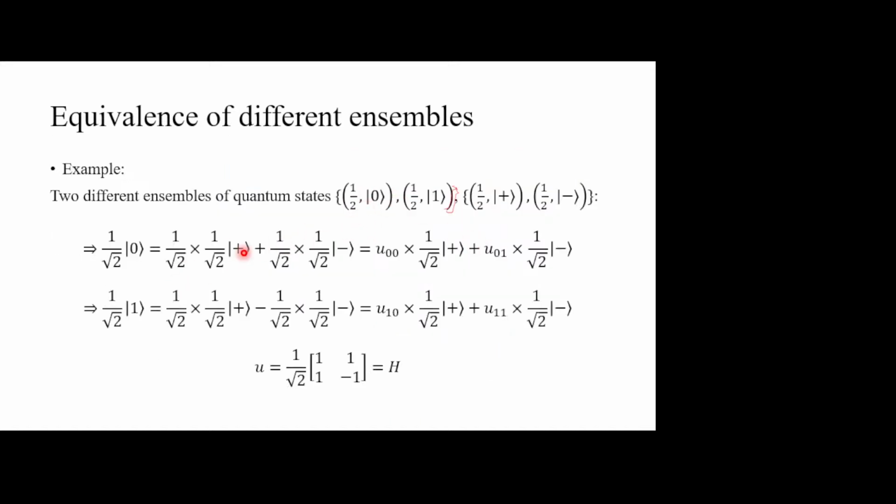So the unnormalized vectors of the first example are 1 over square root 2 times 0 and 1 over square root 2 times 1. And the unnormalized vectors of the second example are 1 over square root 2 times plus and 1 over square root 2 times minus. And we see that 0 is related to plus and minus by just adding them together times 1 over square root 2. And 1, you can check this yourself very quickly, is the plus state minus the minus state times 1 over square root 2.